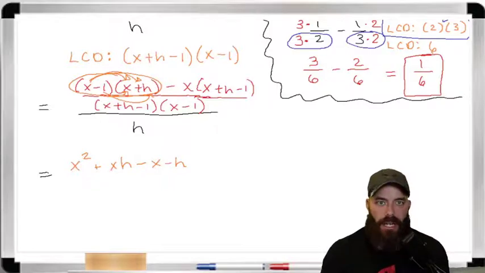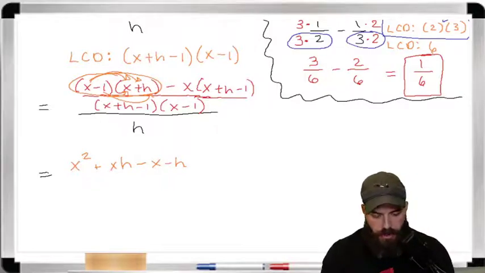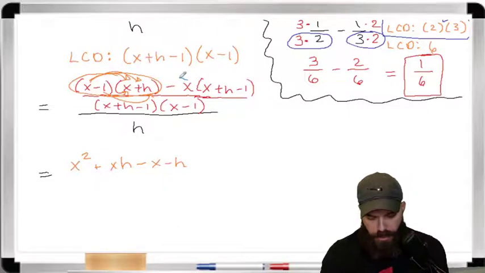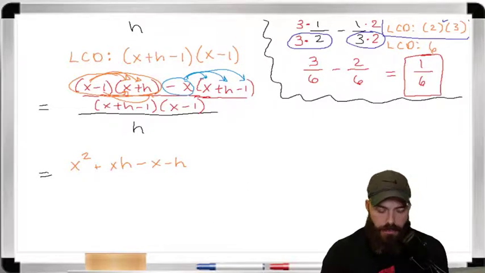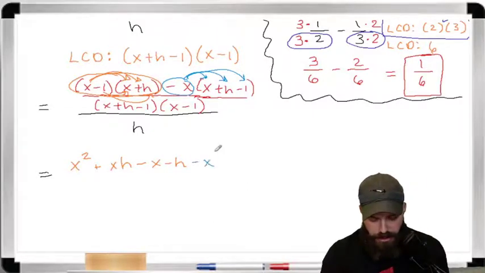Okay. Now we want to scoot along over to this portion. And we need to distribute this negative x. All right, so when I distribute that negative x, I'll have negative x squared minus xh plus x.